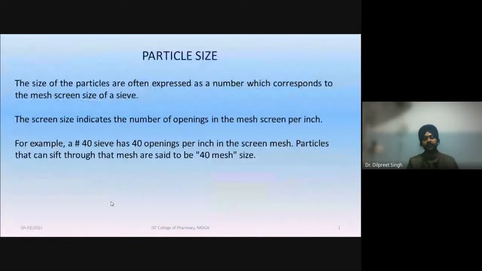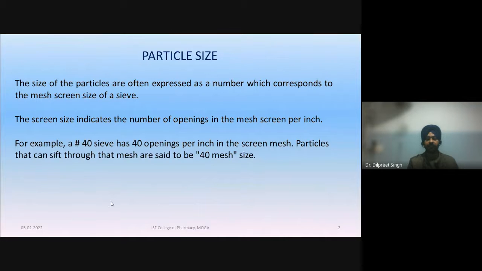So the first category is particle size. The size of the particle is often expressed as a number, which we call the mesh screen size of a sieve. It corresponds to a mesh size, which indicates which type of sieve you have used to pass the particles. For example, a 40 number sieve contains 40 openings per inch in the screen mesh.